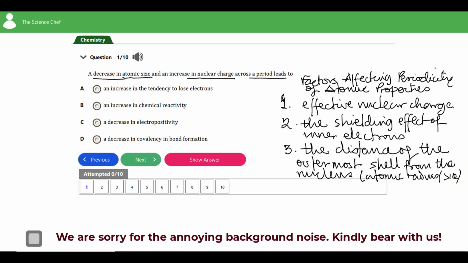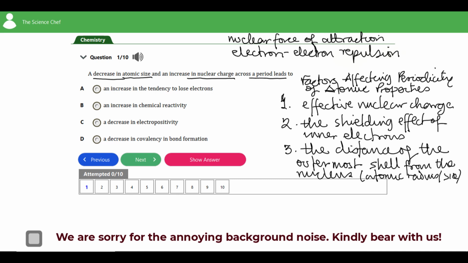There are 2 major forces that always act against each other in an atom. One is the nuclear force of attraction, and the second is the electron repulsion. Now, the nuclear force of attraction acts between the nucleus and the outermost shell, whereas the electron repulsion is the shielding effect of the inner electrons on the outermost electrons.